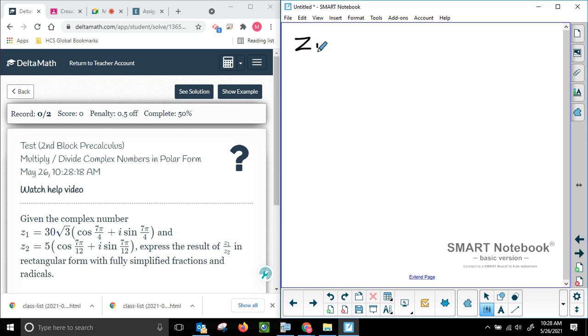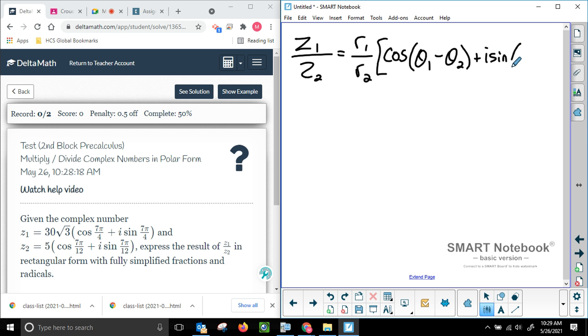Okay, so remember that z1 divided by z2 is equal to r1 divided by r2 times the quantity of cosine of theta 1 minus theta 2 plus i sine of theta 1 minus theta 2.